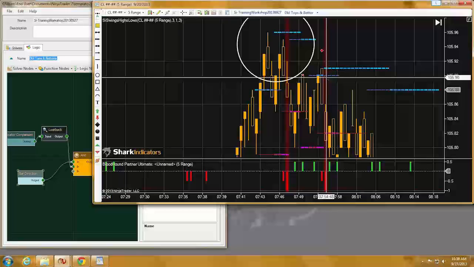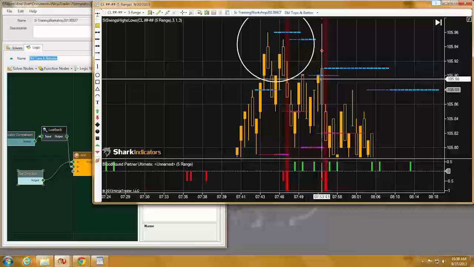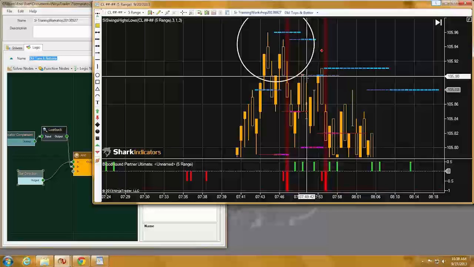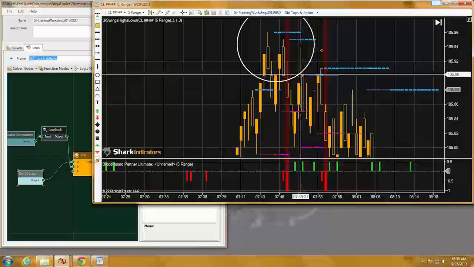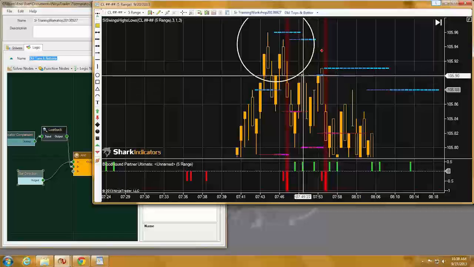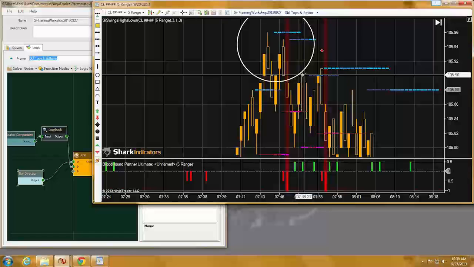So that's really a matter of, I guess, setting up the SiSwingsHighsLows parameters a little better so we can eliminate this as actually being a high point or a pivot point.